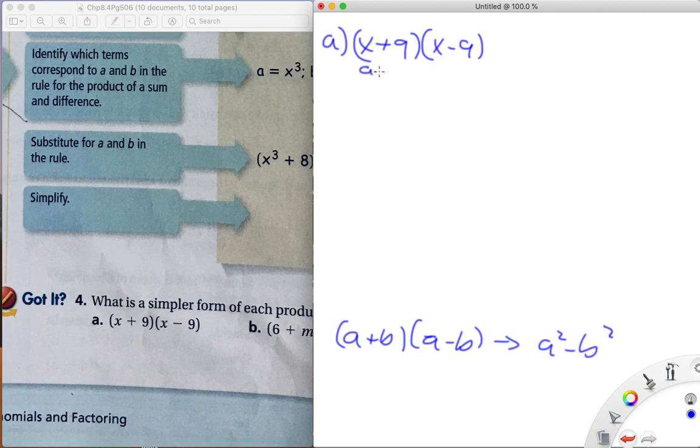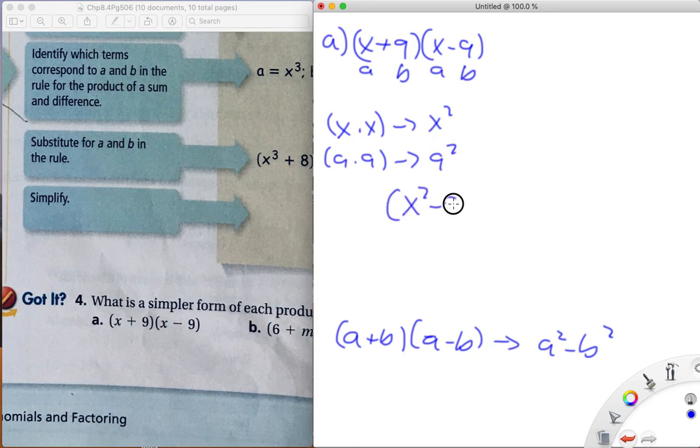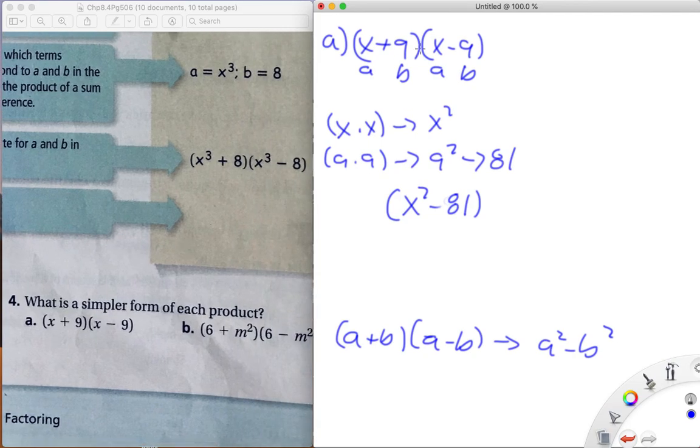This is my a term. This is my b term. This is my a term. This is my b term. All I have to do is just square it. So x times x is x squared, 9 times 9, 9 squared. So then my final answer is going to be x squared minus 9 squared, which is 81. And that's it. That's all we do. Square the a term and the b term.